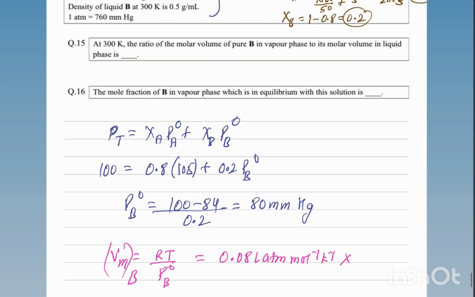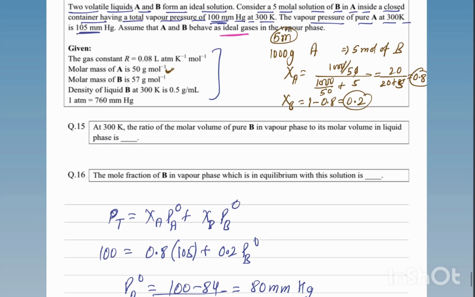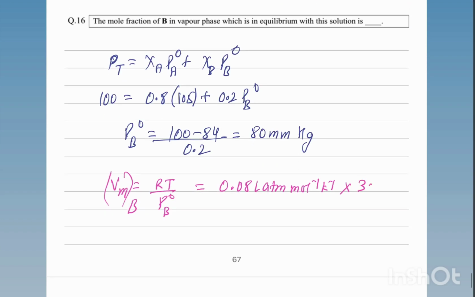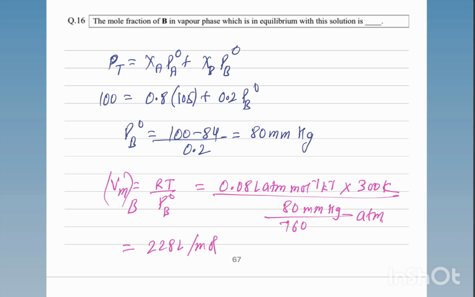Temperature is given as 300 Kelvin, and PB naught is 80. Because it is in mm of Hg, we have to convert it into atm. So it will become 80 by 760 atm. When we calculate it, we will get 228 liter per mole. So this will be the molar volume of B in the vapor phase.